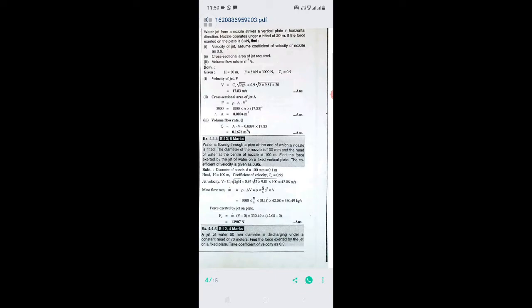The coefficient of velocity is 0.95. The diameter of the nozzle D is 100 mm, that is 0.1 meter. Head H is 100 meter. Coefficient of velocity Cv is 0.95. The jet velocity V is equal to Cv into root of 2gH.